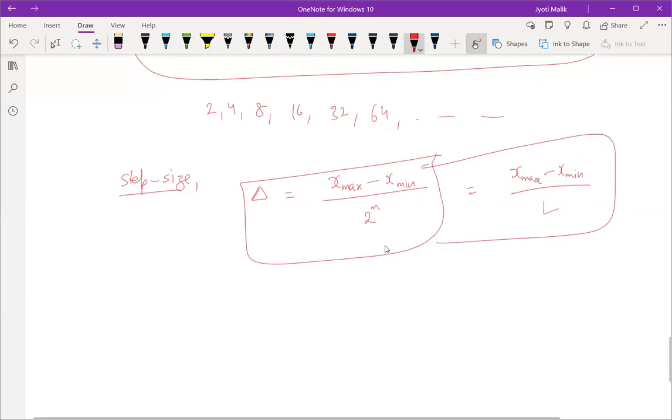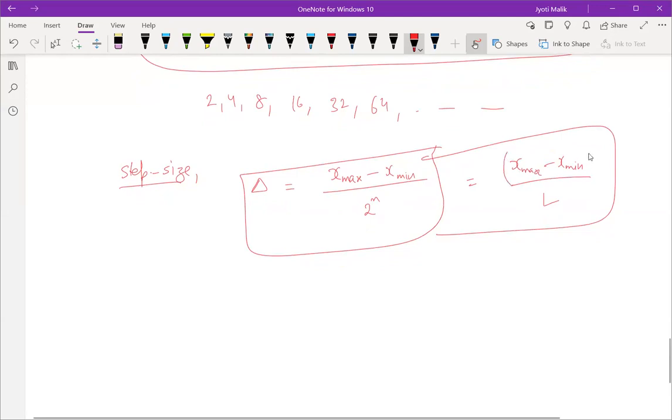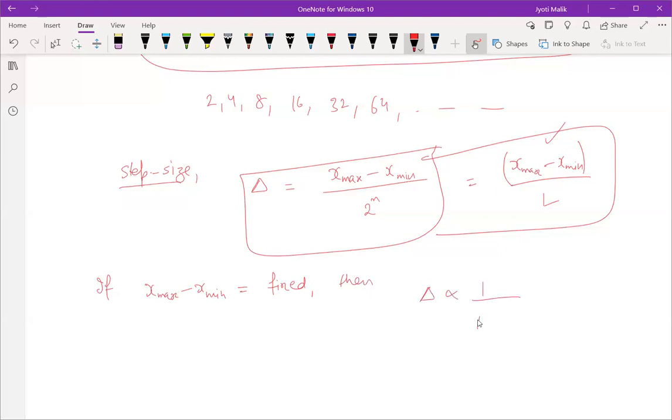Now from this, if you are given a signal, obviously its amplitude range will be fixed. We can't do much about that. But if x max minus x min is fixed, then can I say delta will be inversely proportional to the number of levels?